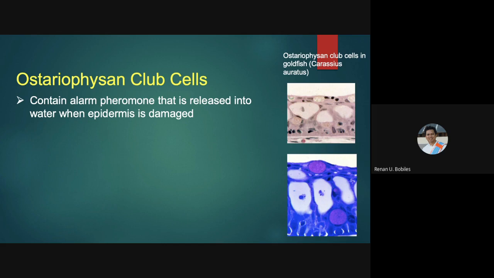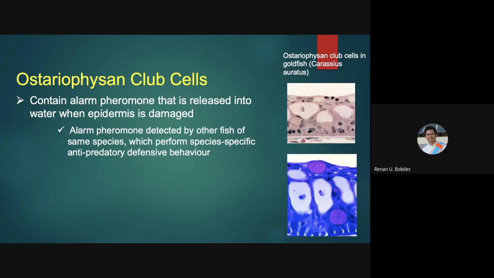So pag na-damage yung epidermis ng Ostariophysan fish, the club cells release a pheromone sa water. The release of this pheromone is triggered when detected by other fish of the same species. It performs a species-specific anti-predatory defensive behavior.